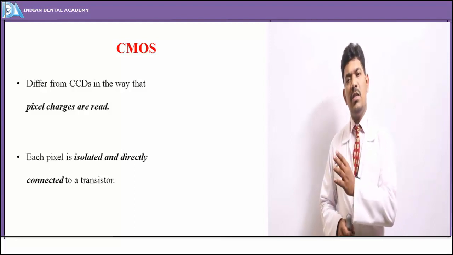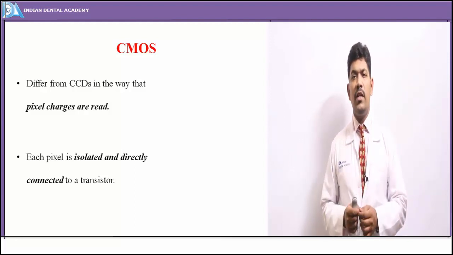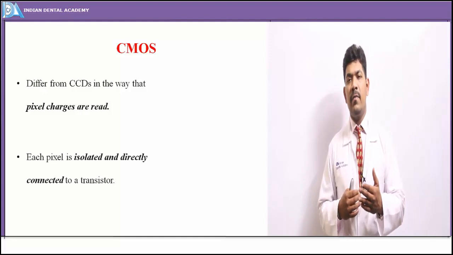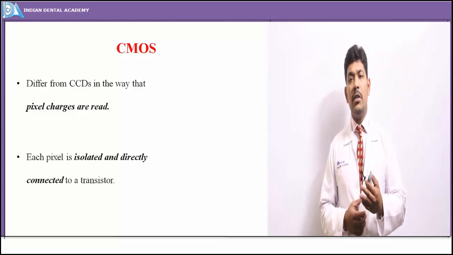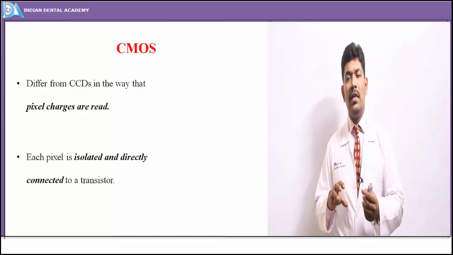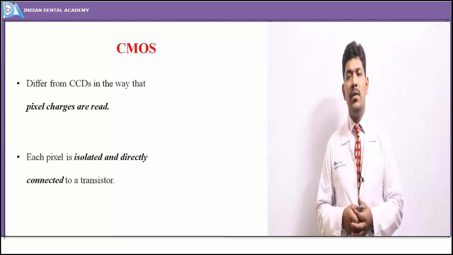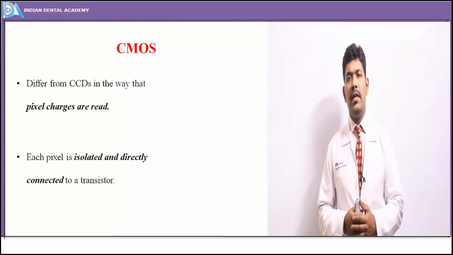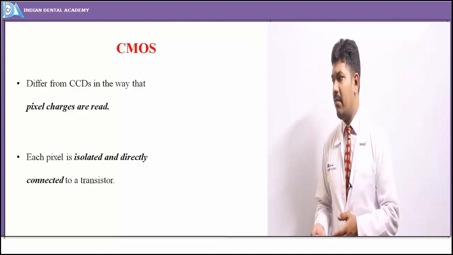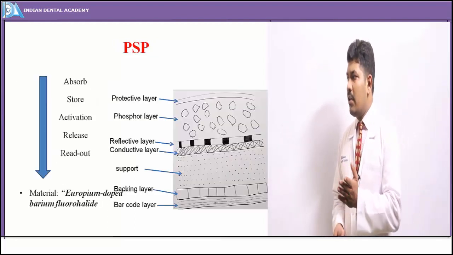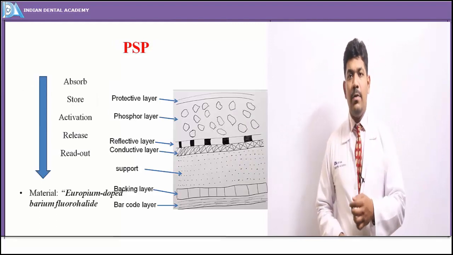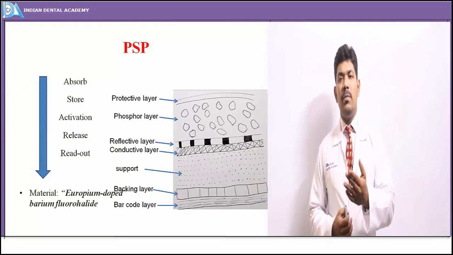So to overcome these particular disadvantages, CMOS was invented, wherein the area was much wider than your CCDs, and without compromising on the bulkiness. So it is much thinner and flexible, much more easily placeable relative to CCDs within the oral cavity.